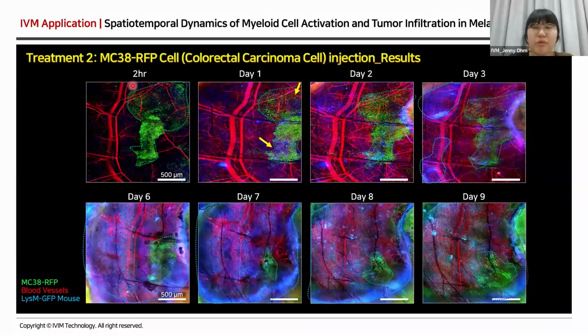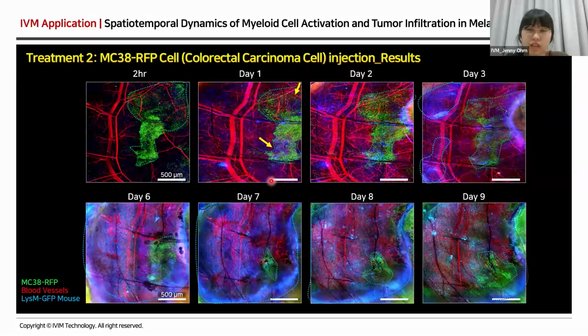In the second experimental group, colorectal carcinoma cells were injected to create the model, and much like group 1, no immune cell infiltration was observed at the 2-hour post-injection time point, with immune cells first appearing within the tumor microenvironment on day 1 post-injection.